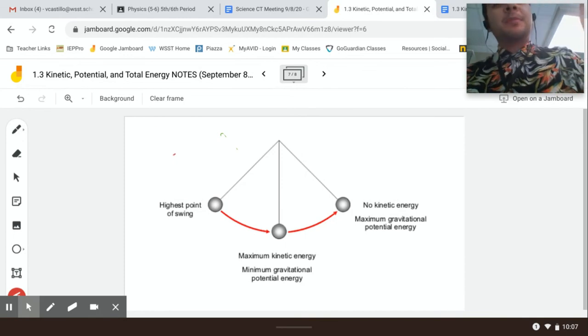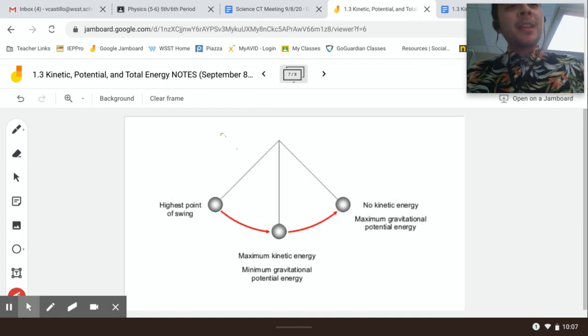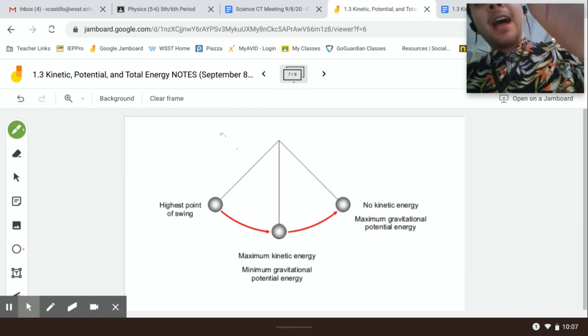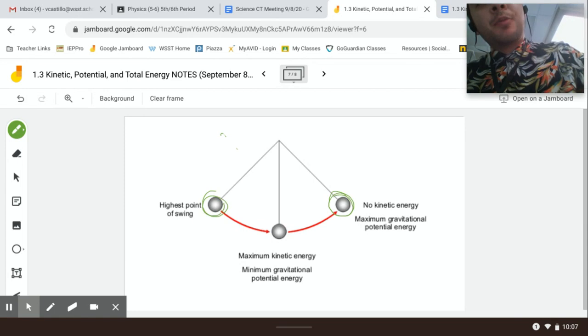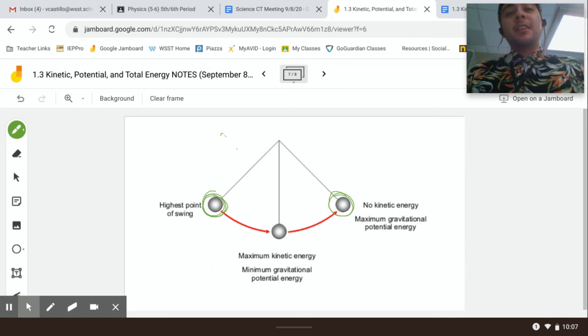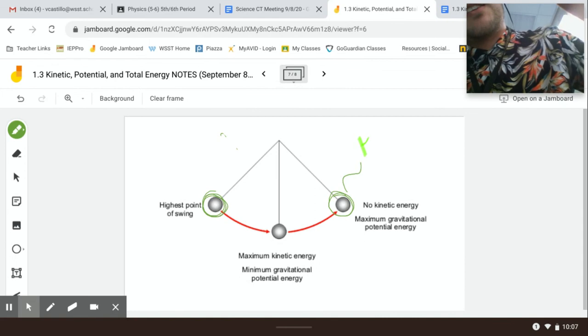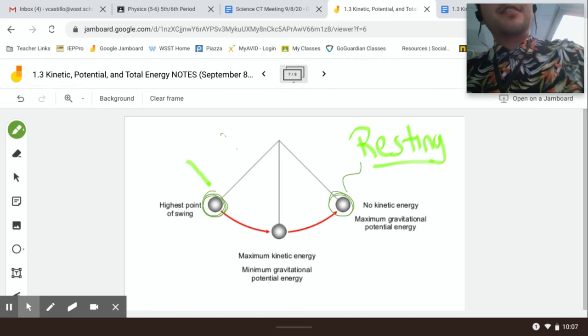Sometimes it could be up here, down here, another time up there. Something I want you guys to know is that at the highest points, it's where it's resting. At the highest point, it is not moving.